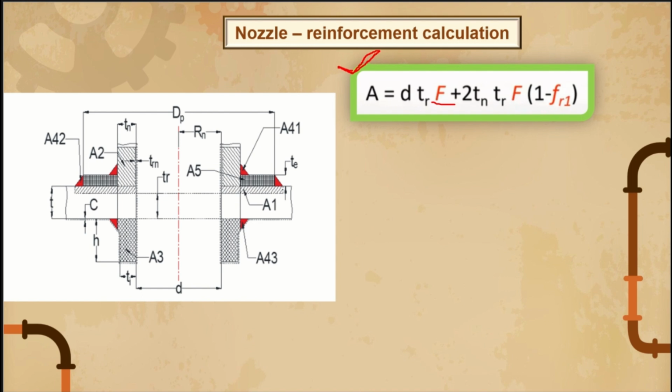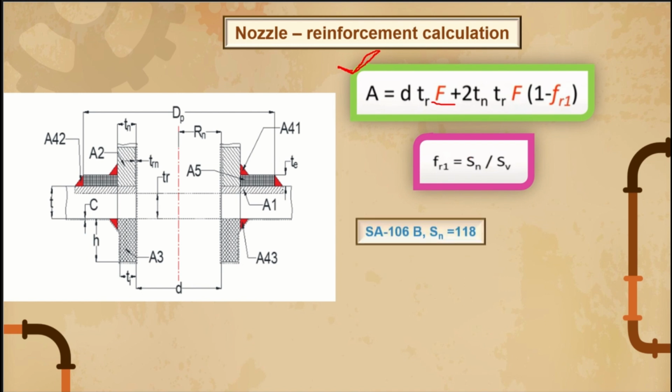We know that FR1 is equal to allowable stress of nozzle by allowable stress of vessel. We know the material of nozzle, guys. That is SA106B. For SA106B, the allowable stress is 118 megapascals. You will find this value in Section 2, Part D, guys.